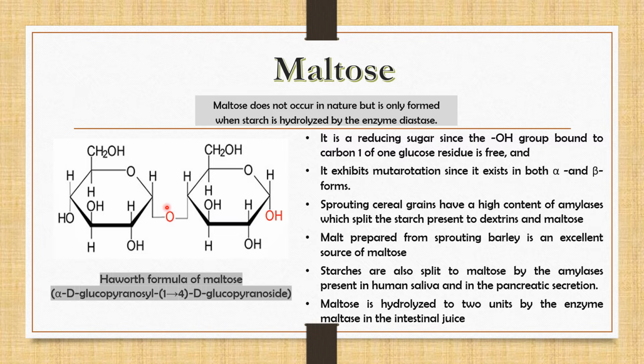Therefore, maltose is a reducing sugar because it has a free anomeric carbon, unlike sucrose that does not. It exhibits mutarotation since it can exist in both the alpha and beta forms.